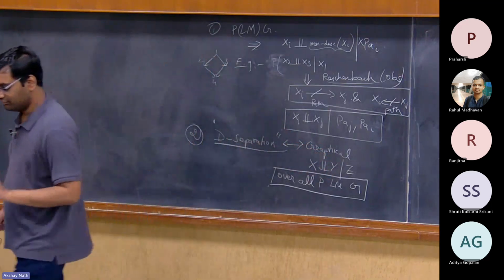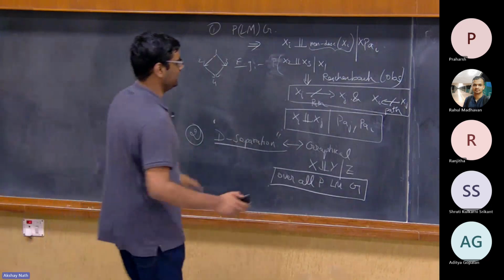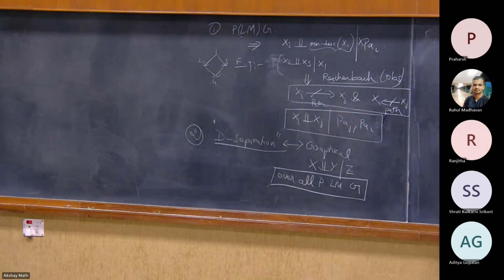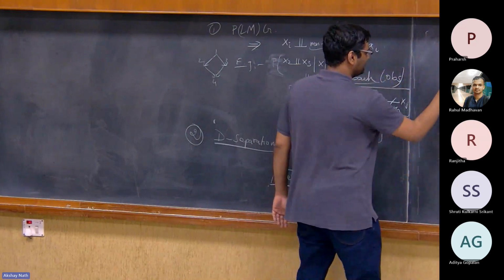So, just not to confuse you, I'll write two theorems, just to be very clear, both sides. I haven't introduced what d-separation is, but it's fine. I will introduce it shortly.